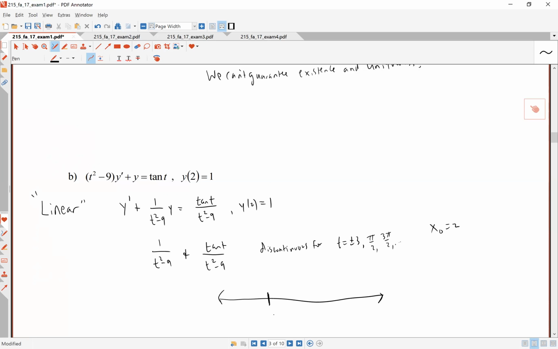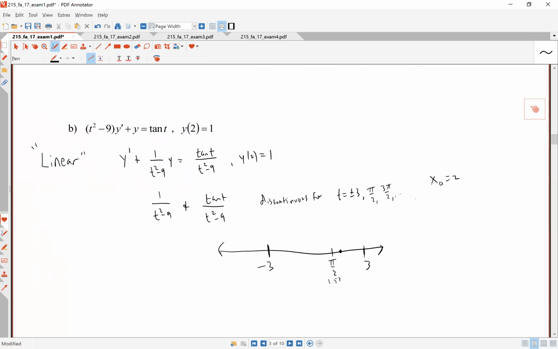So we see that minus 3, plus 3, and pi over 2, which is around 1.57. The point t naught equal to 2 lies in here from pi over 2 to 3.